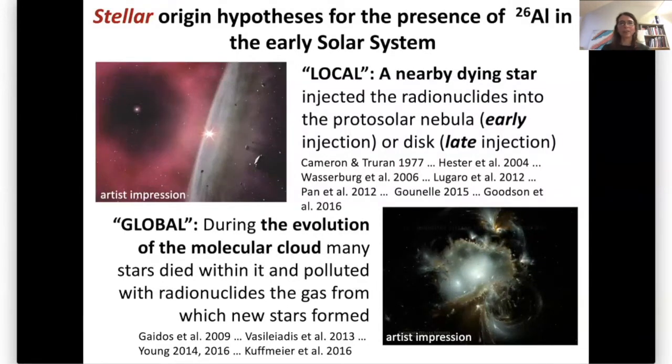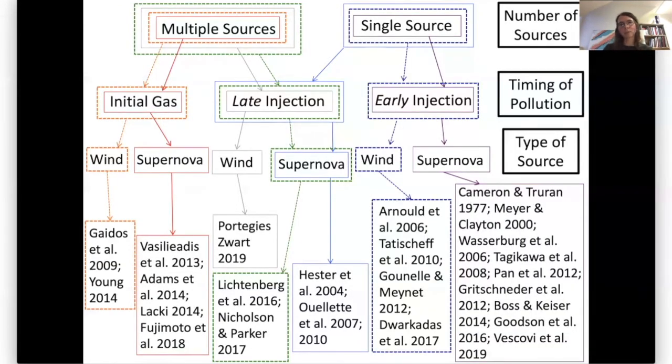And to scare people a little bit when they try to look into this very, very hot field, I prepared this other slide where I tried to classify the literature into the different types of ideas that they are proposing. So as you can see, I could find 7 different scenarios when I put together the different pieces: the number of sources, the timing of pollution, the type of source.